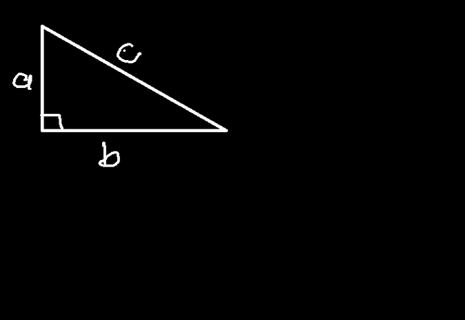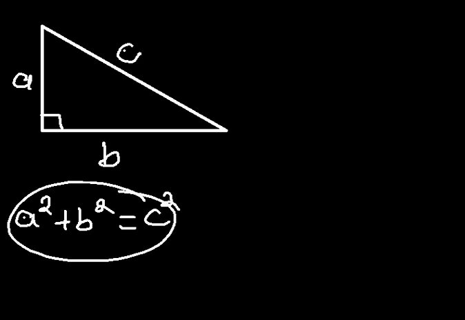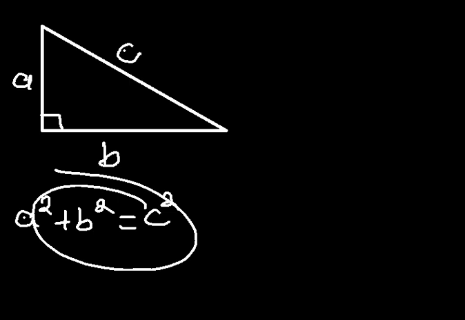The relationship that exists among these three sides is that height square plus base square is the same as hypotenuse square. And this is true for all right triangles. So that's what you call the Pythagoras theorem.